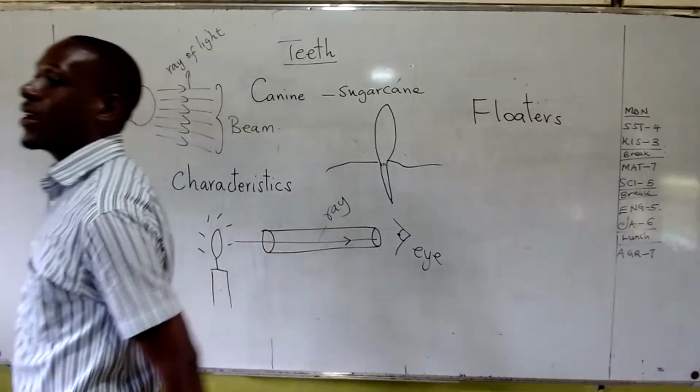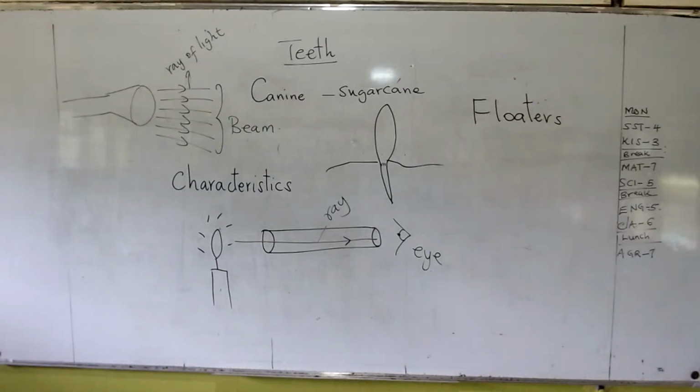One line is called a ray, but many lines that form a big light are called a beam of light. Are we together? Yes. Read for me the next question.